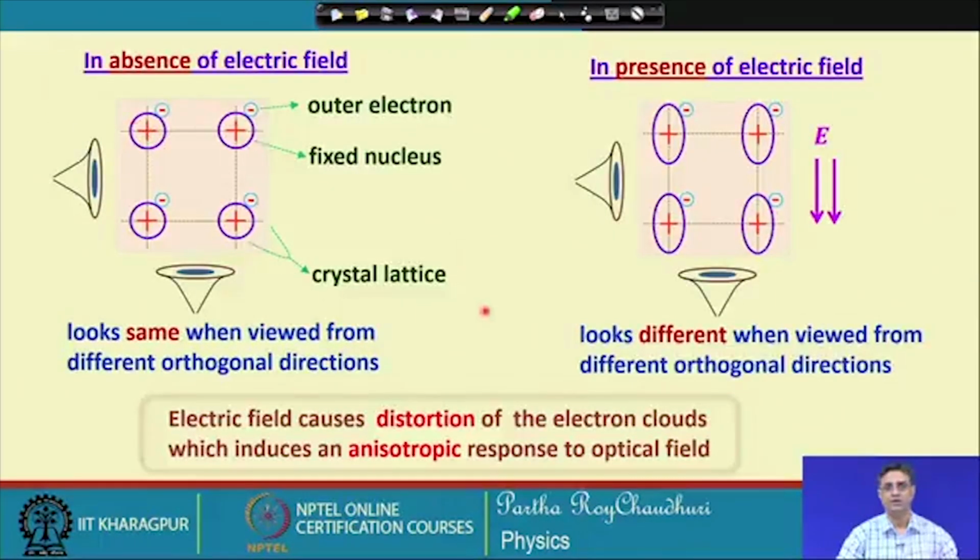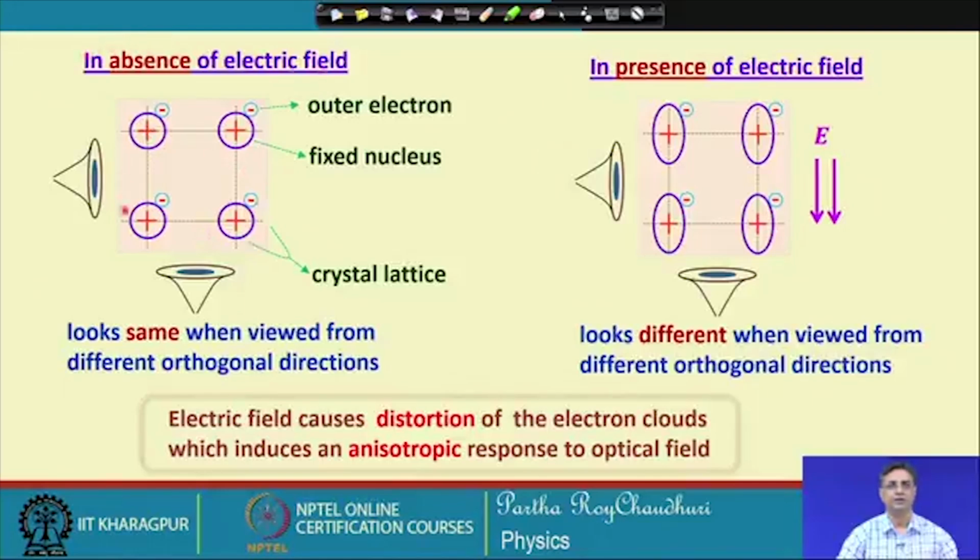Now, let us try to understand simply how this electro-optic effect comes into the picture. Let us suppose you have a medium, these are the fixed nuclei and you have outer electrons, this is the crystal lattice, and if you view this crystal from two orthogonal directions, that is from this side or from this side, it appears identical when there is no electric field.